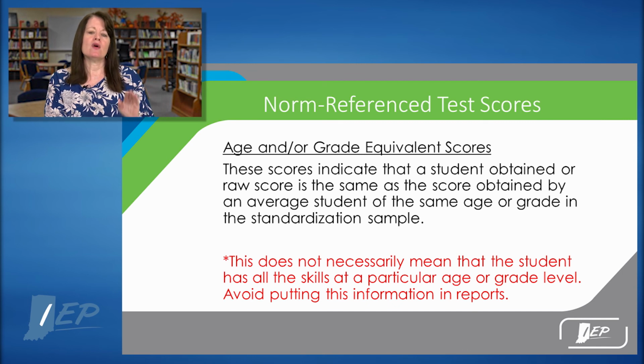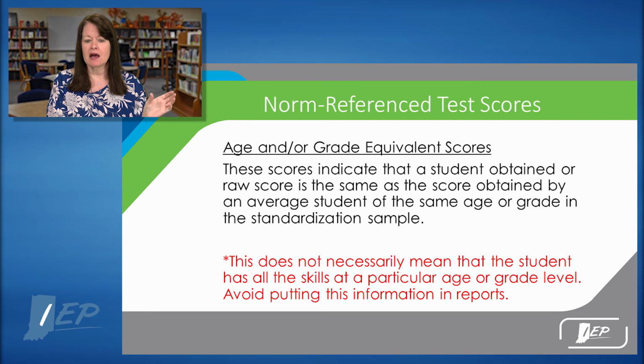So we would naturally think that if I get a grade equivalent score of 3.4, it might mean that I'm at a 3rd grade 4th month level. And that is not what it means.